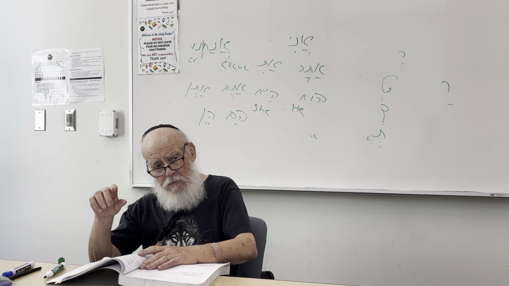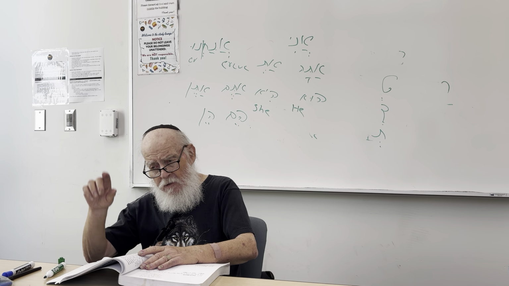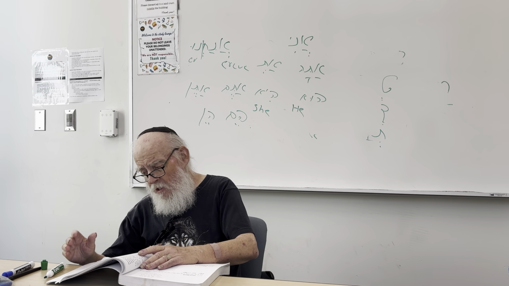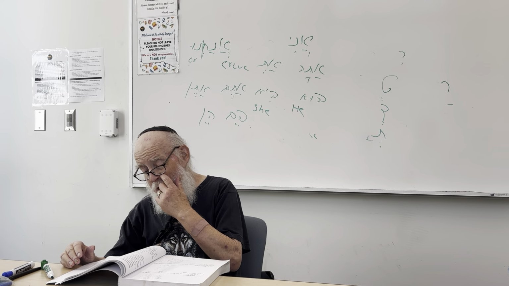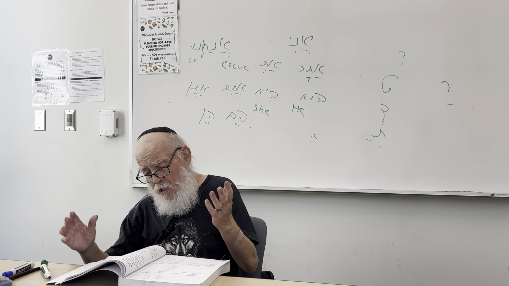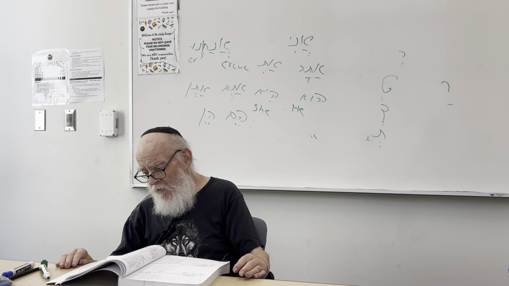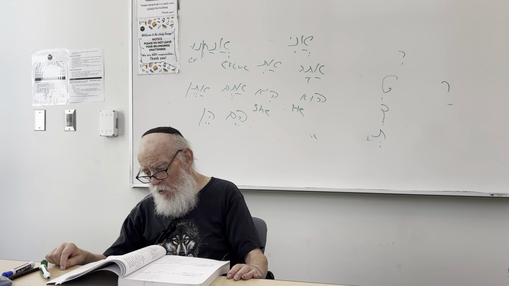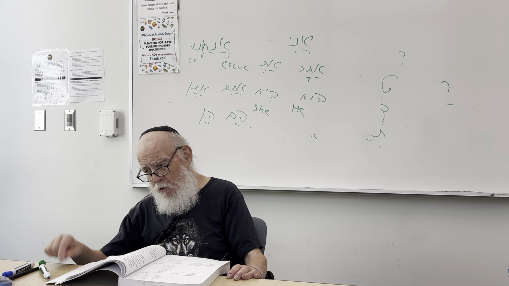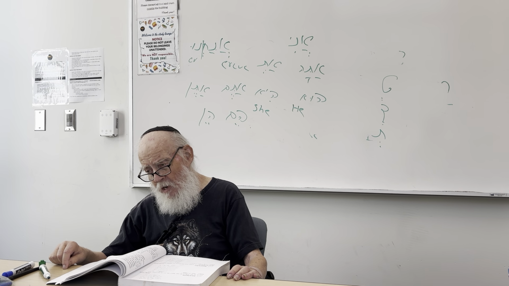The Vav letter is pointed with a kamatz if it's affixed to a word where the accent is on the first syllable. Is this told to you by the author? No, she doesn't tell you this. I'm telling it to you. The Vav letter affixed to a word that has accent on the first syllable will draw the kamatz, not a patach.